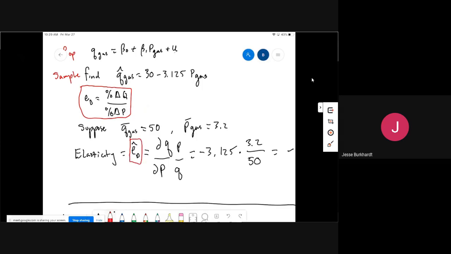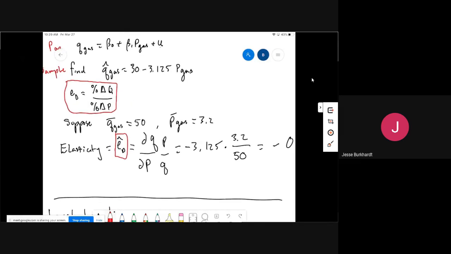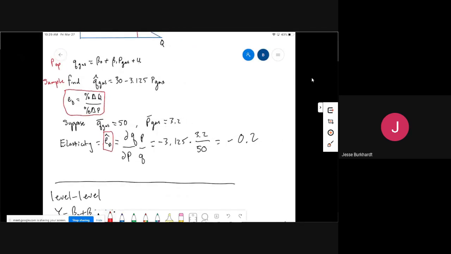Here's our estimated elasticity. The elasticity is really just dQ/dP times P over Q. So dQ/dP, this portion that I'm circling in blue, what is that?